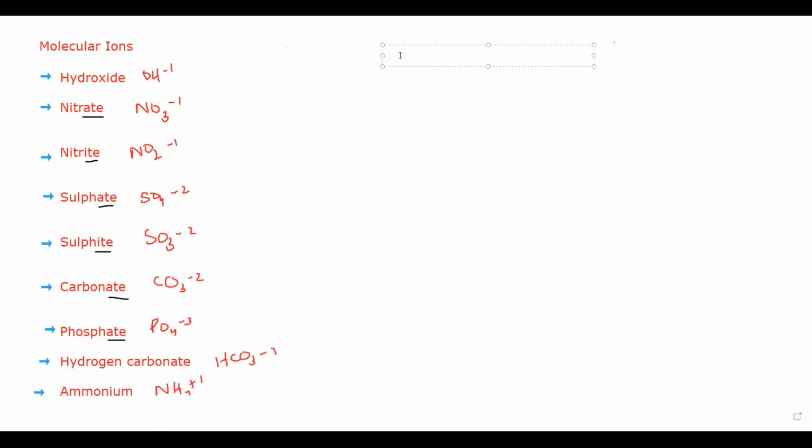What is the chemical formula for calcium hydroxide? I am giving you a hint. Calcium is Ca with a charge plus 2 and hydroxide is minus 1.